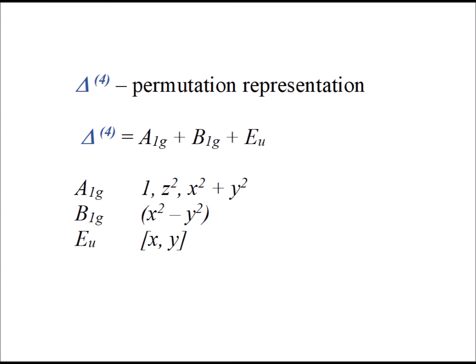Now, this can be done quickly in the KIM method because we just look for those irreducible representations whose basis functions are non-zero. And we will see in the following tables how we did this computation. But to summarize it here, we see this delta 4 is A1g plus B1g plus Eu. And we remind you what their basis functions are below.